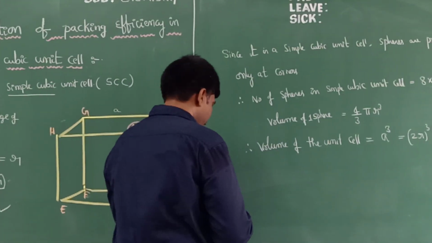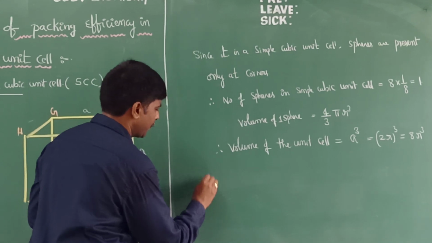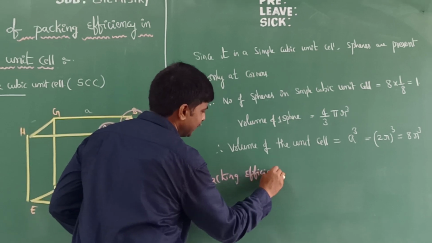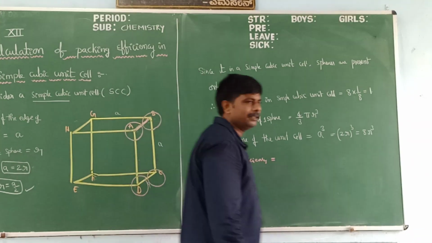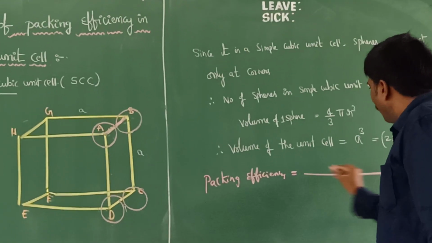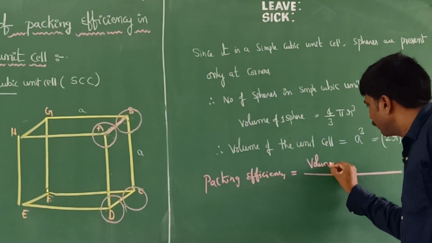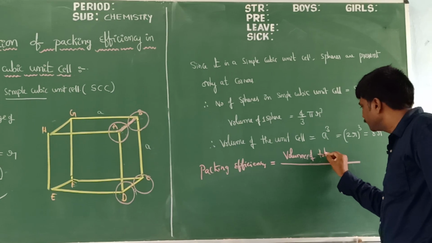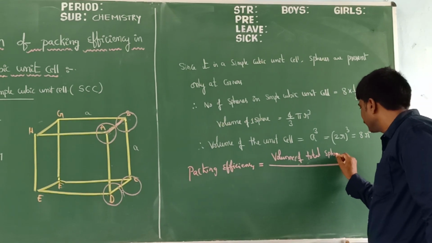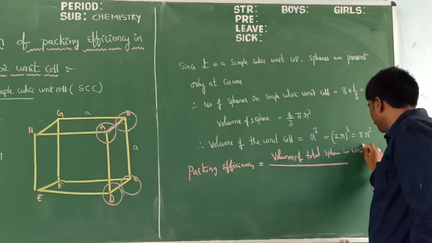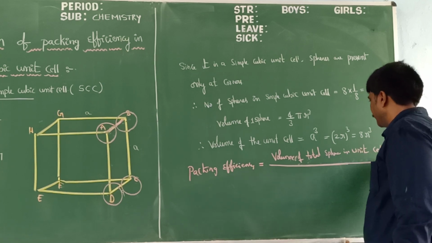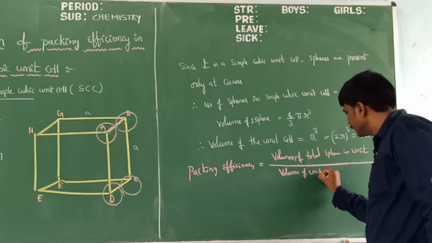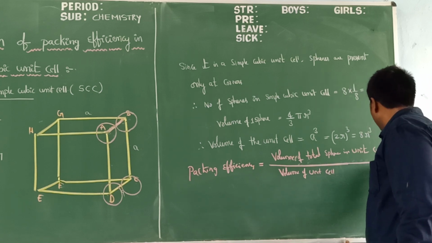So therefore packing efficiency is equal to volume of total spheres in the unit cell by volume of unit cell into 100.